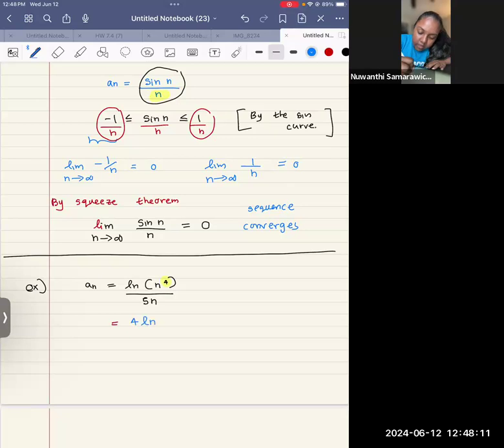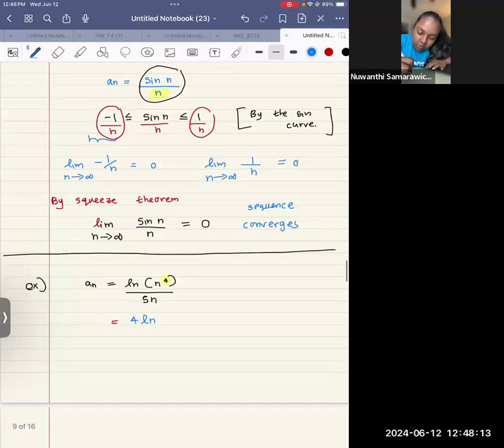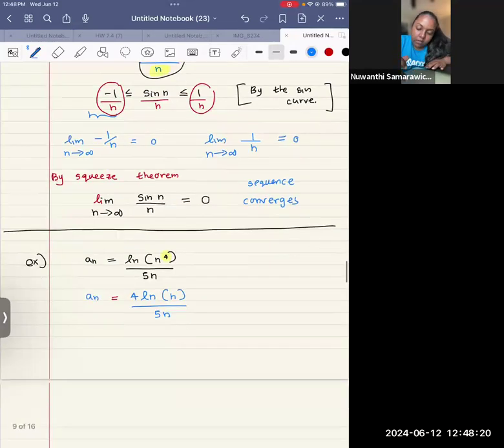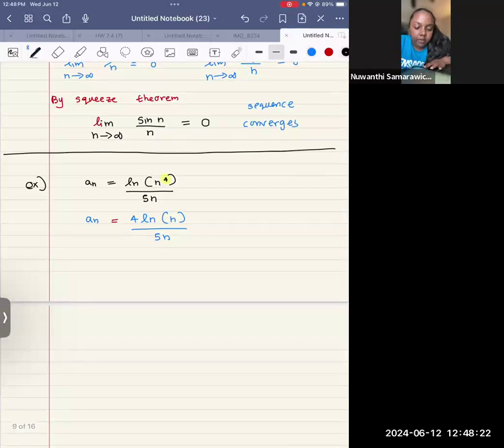If you take the power out, we have ln n over 5n. Now we have to find, when n approaches infinity, what is the value of this. Now we can use L'Hopital's rule.